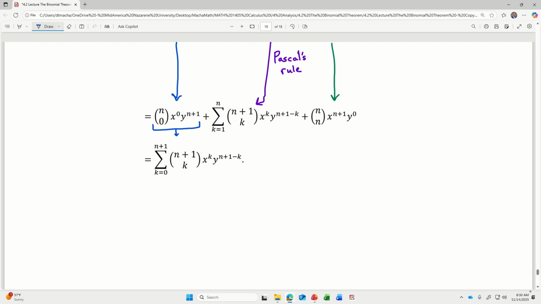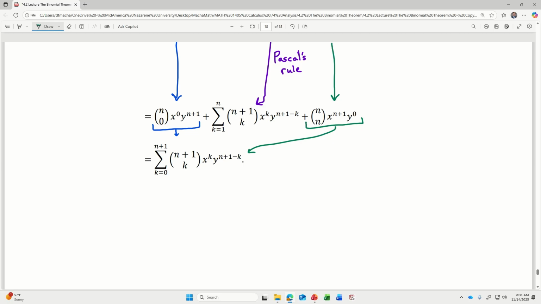Then I'm also including the green one because I'm shifting the upper bound from n to n plus 1. And so it's going to actually include this.